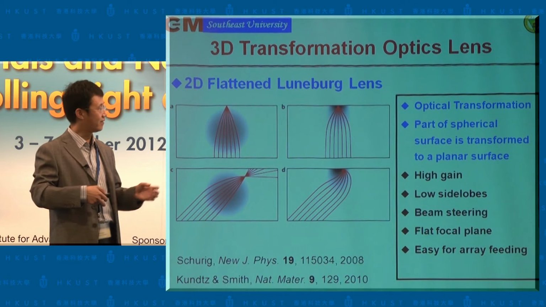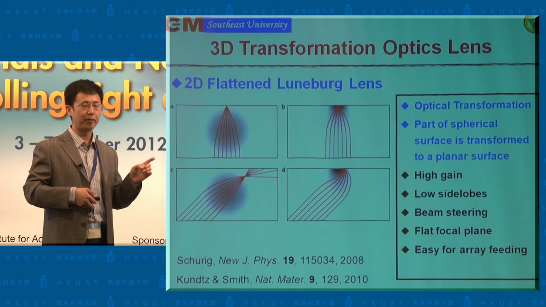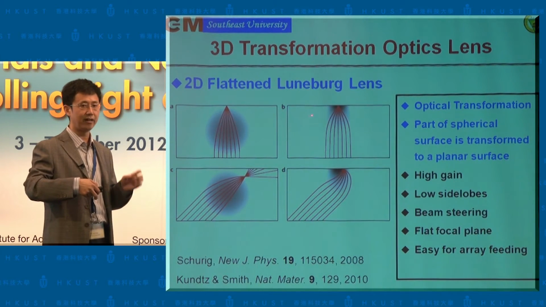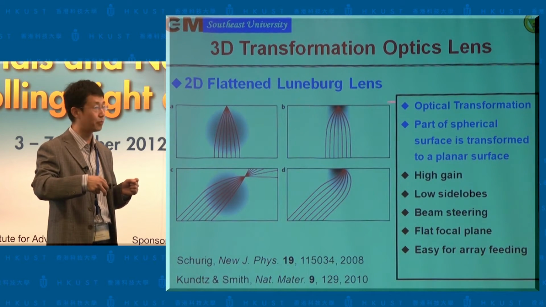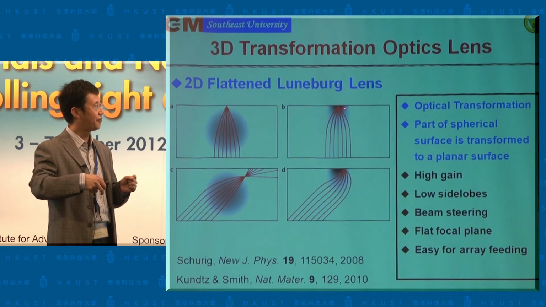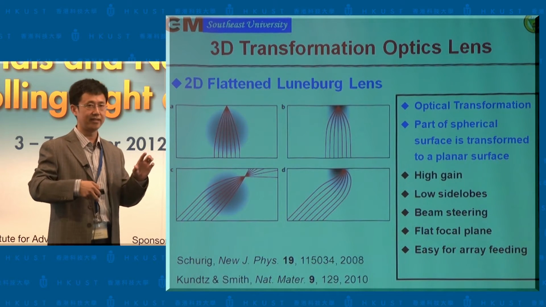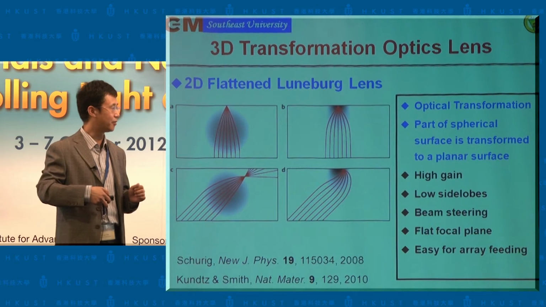So Professor David Smith's group proposed the concept of transformation optics lenses. They make an optical transformation to change the spherical surface, or part of the spherical surface, to a plane. Then when the feed is placed on the plane, it can make high gain radiation in different directions.